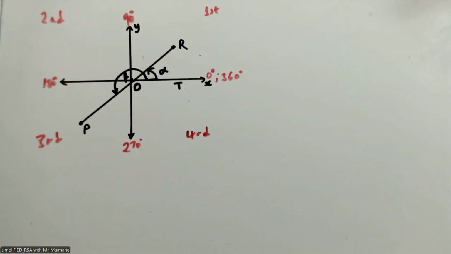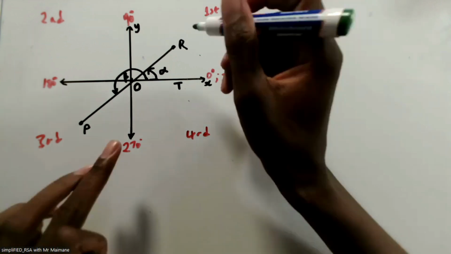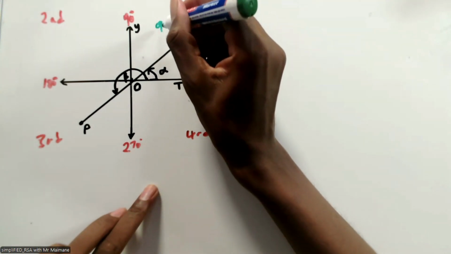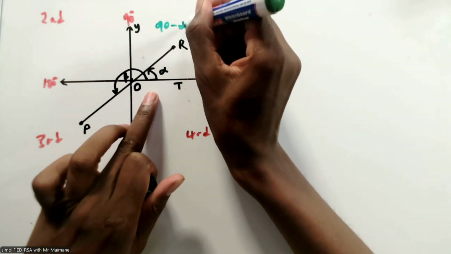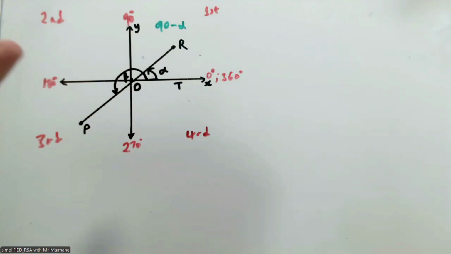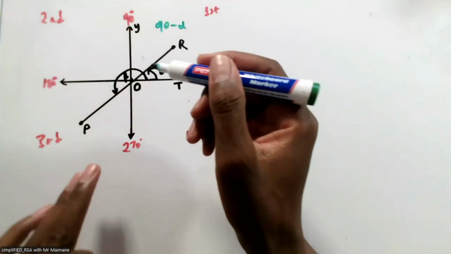That's what we know. And again, one more thing to remember is that in the first quadrant, in terms of beta, this is going to be 90 minus beta, or 90 minus theta, or 90 minus x, regardless of the angle.